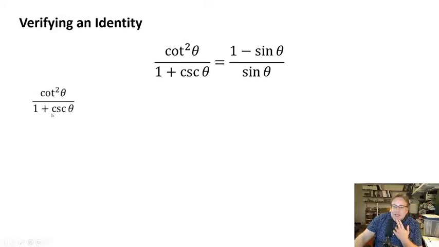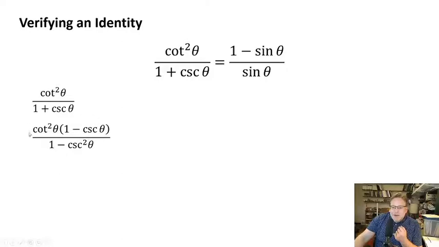Here's what I mean. If I start off with this and I multiply top and bottom by 1 minus cosecant theta, then on the top I'm going to get cotangent squared theta times 1 minus cosecant theta. That's the thing I'm multiplying top and bottom by.